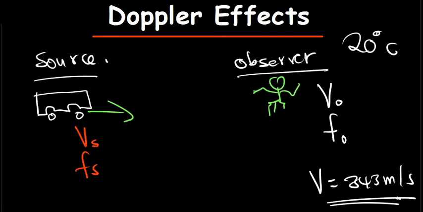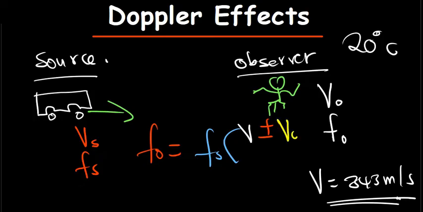Now, the general formula which you need to know under the Doppler effect is this one. I think I'll explain everything from this formula. The frequency of the observer is given by the frequency of the source, times open brackets, the speed of sound in air, plus or minus the Vo.